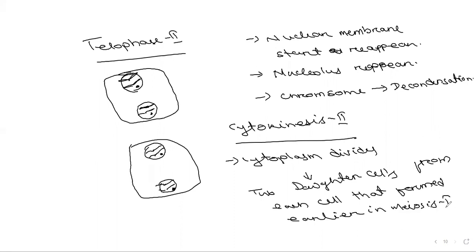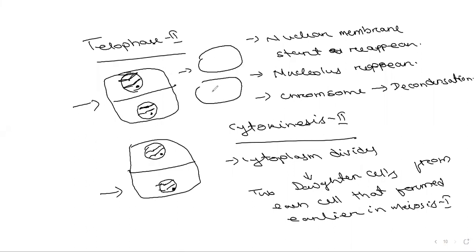In meiosis 1, this is the result, this is the result, but this cell will divide, the cytoplasm will divide, and this will make two cells, and this will also make two cells.